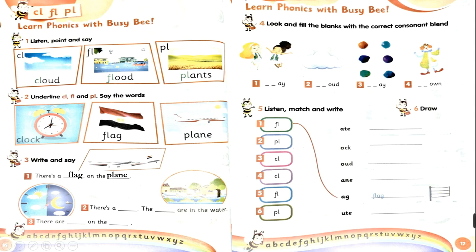Number 2. There is a... We have water everywhere. We call it what? Flood. Excellent. If we have a lot of water in the streets, we call it flood. The plants are in the water. Number 3.